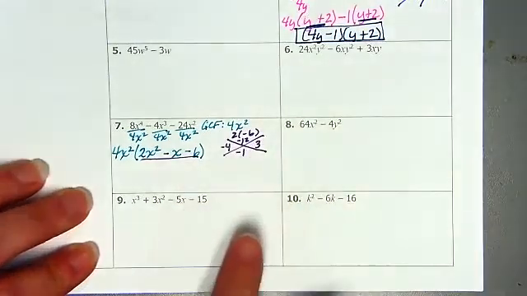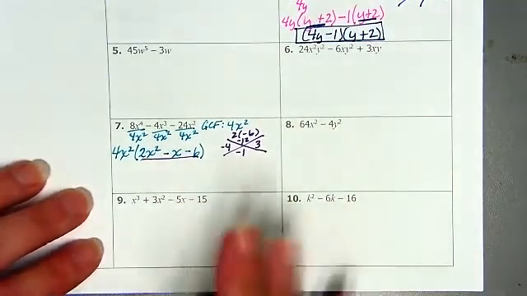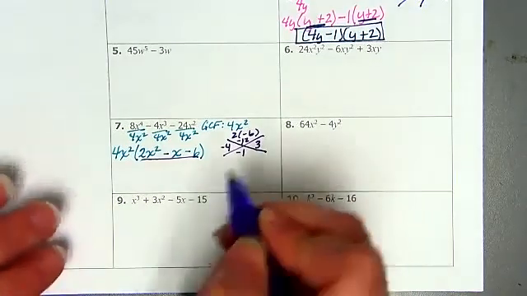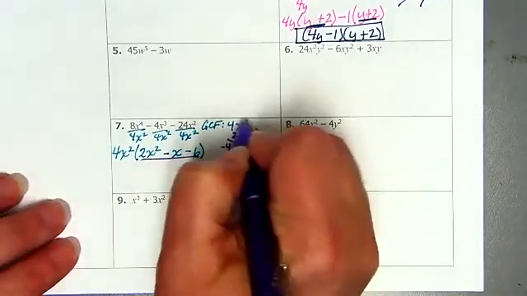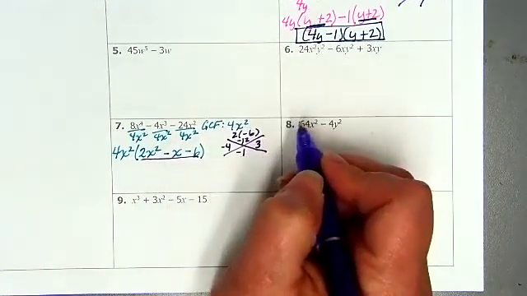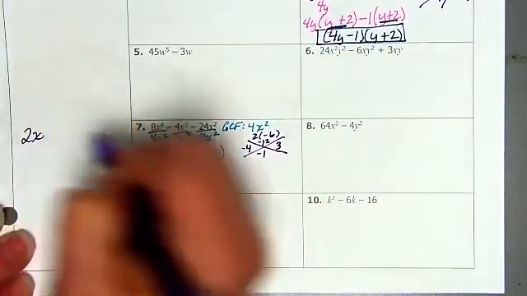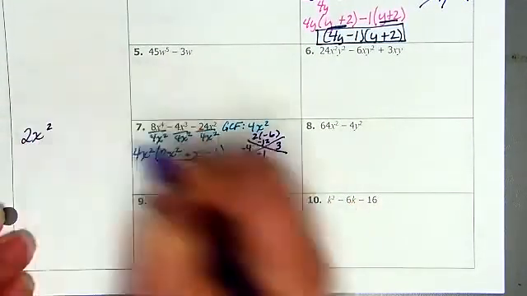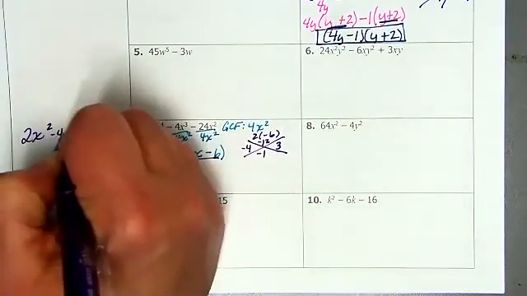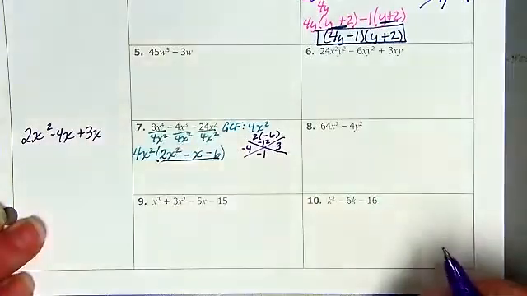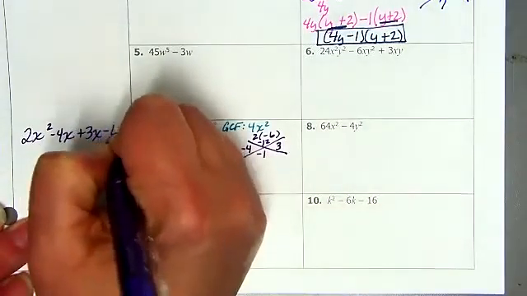And again, if you don't see the factors right away, punch it in the calculator and list what they are. Okay, so I'm going to remember that my GCF is 4x squared. Now over here, I'm going to factor this part. So I'm going to have 2x squared minus 4x plus 3x minus 6.